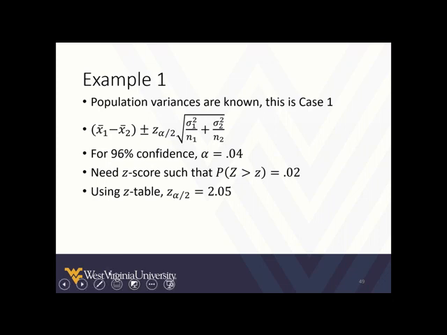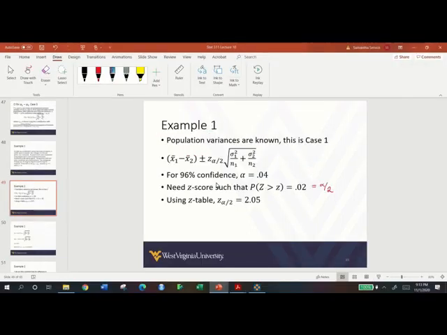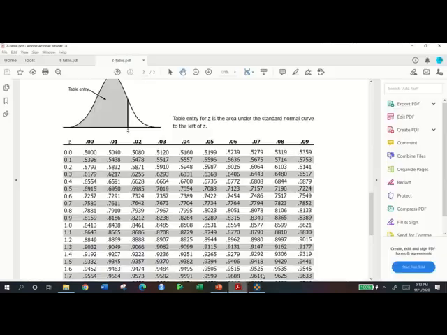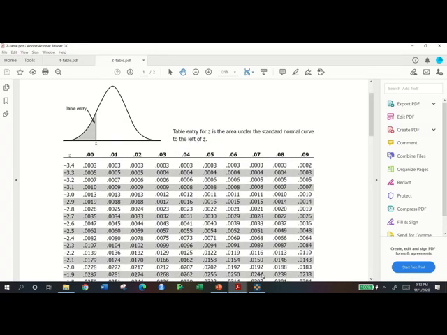So again, we've established that our alpha is 0.04, and that means our alpha over 2 is 0.02. And as you know, my preference is to look up the 0.02 and then just realize I can drop the negative.